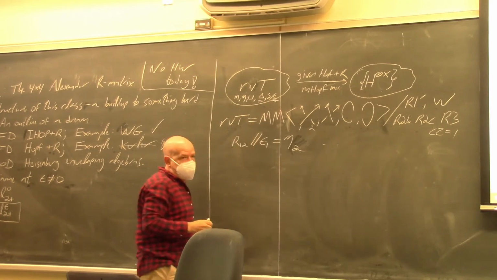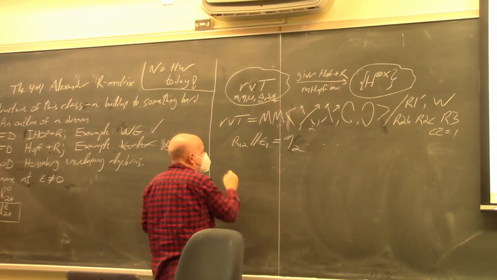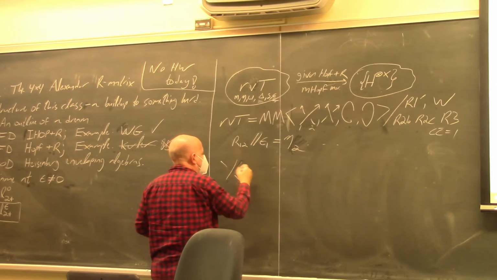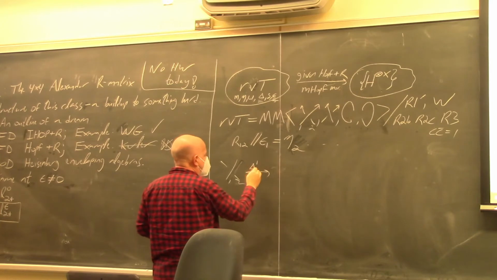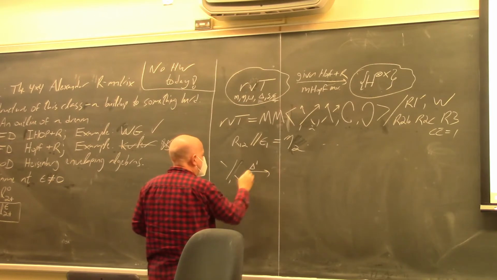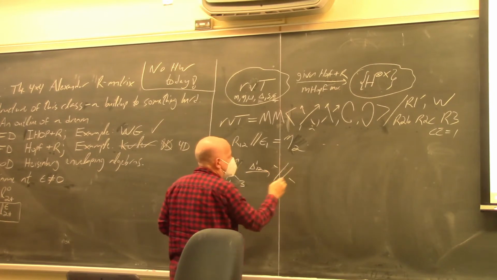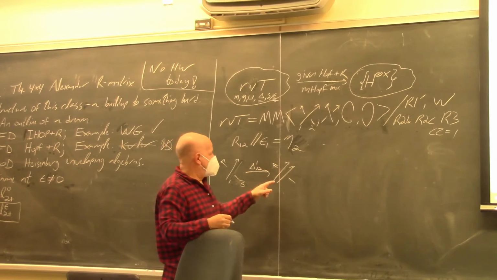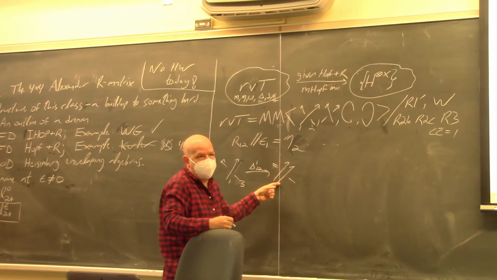The coproduct is also exactly what you expect. The coproduct acts by doubling a strand. So if you want to apply delta from 1 to, you know what, let's call this one 3, so delta 1, 2, if you want to apply it to this, you just double the strand, and then this in itself is a product of two R's.